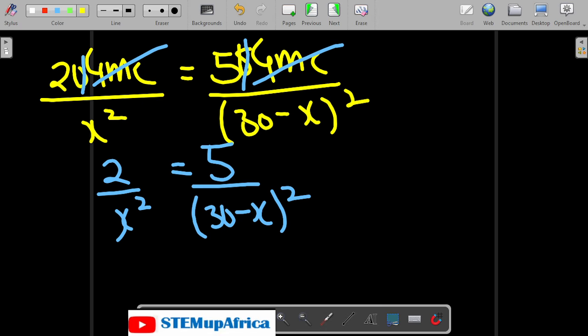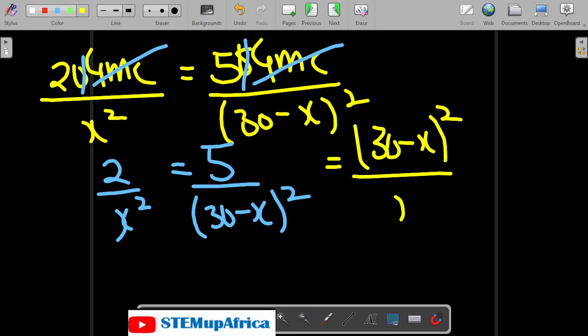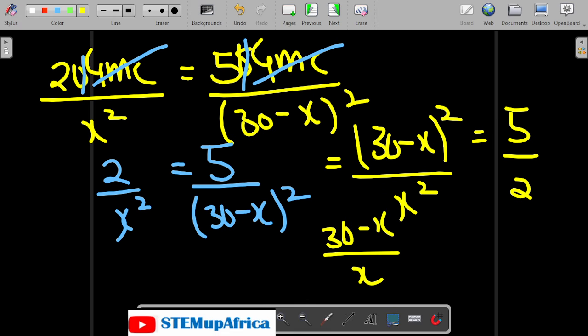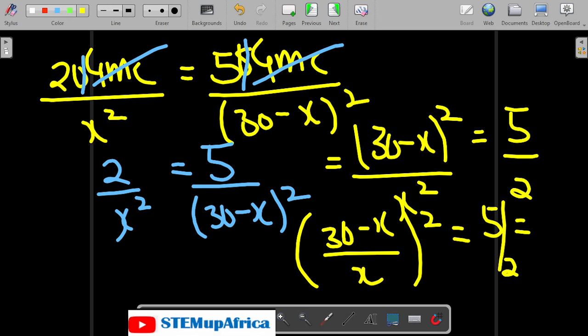If I rearrange this, I'm going to have (30 minus x) squared over x squared equals 5 over 2. I can group both of them as a common square: (30 minus x over x) all squared equals 5 over 2, which is 2.5.